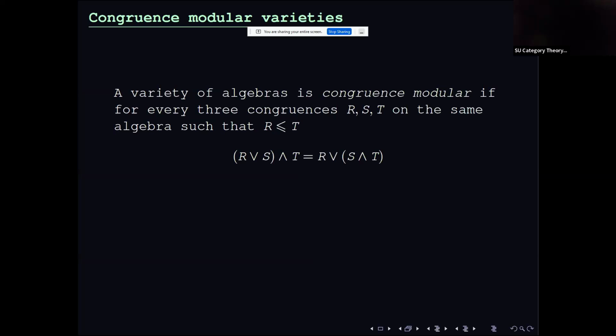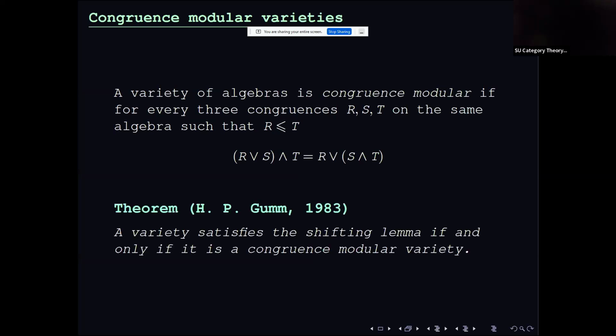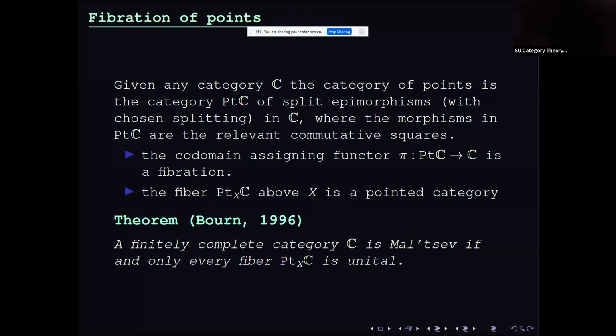Okay. So I already mentioned this. Right, so how does this connect up to the condition? Well, given any category, we can associate to that category the category of split epimorphisms, the category of points.